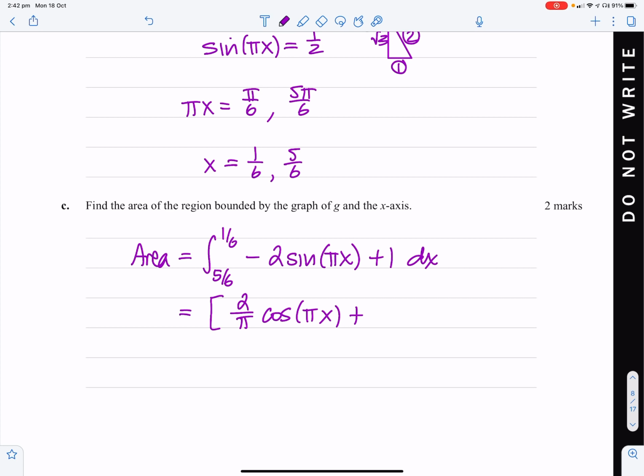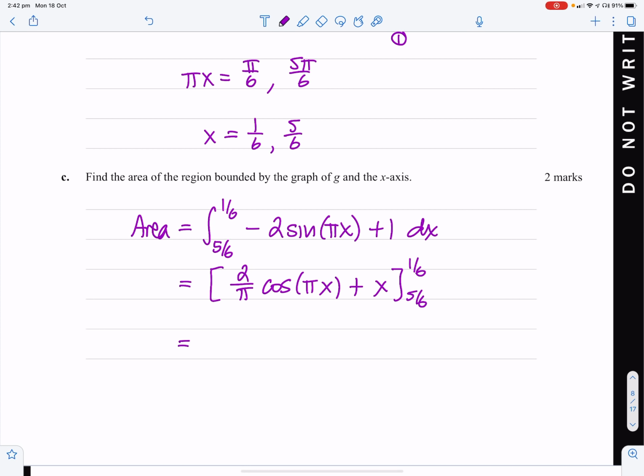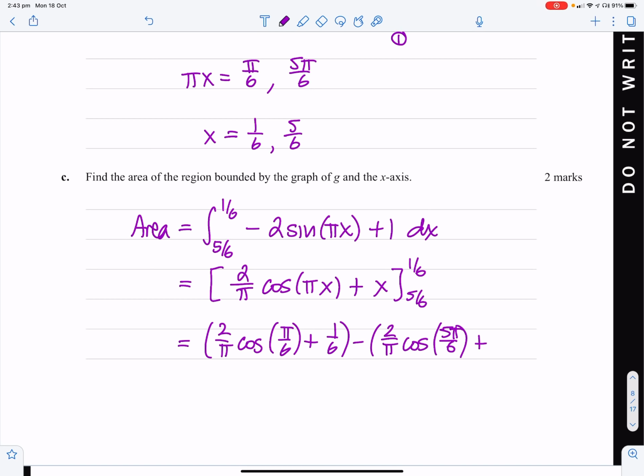And you've got to divide by the coefficient of x, plus x between 5 on 6 and 1 on 6. If I sub 1 on 6 in, I get 2 on pi cos of pi on 6 plus 1 on 6 minus 2 on pi cos of 5 pi on 6 plus 5 on 6.